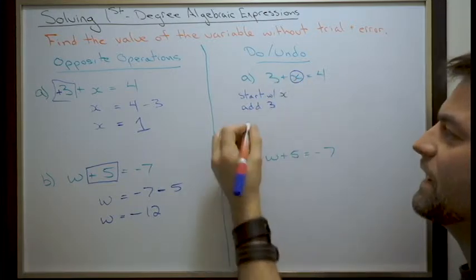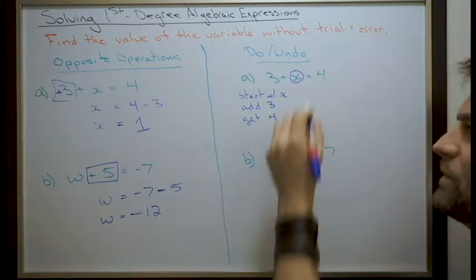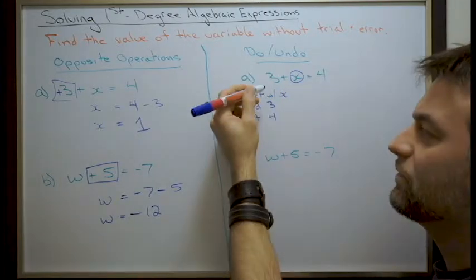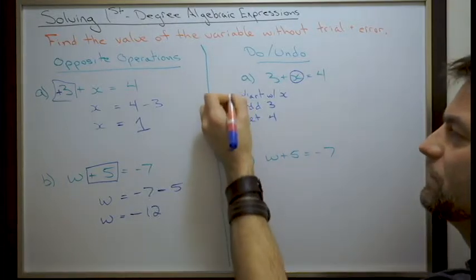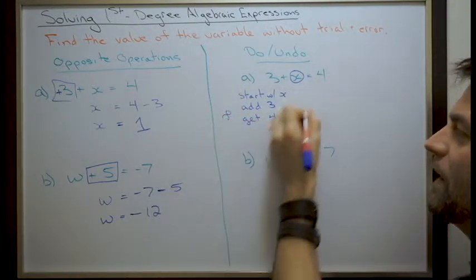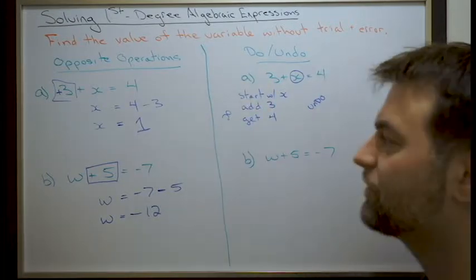So we start with x, we add 3, and we get 4 as a result. So that's the do.